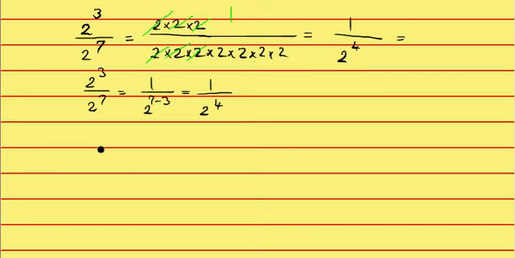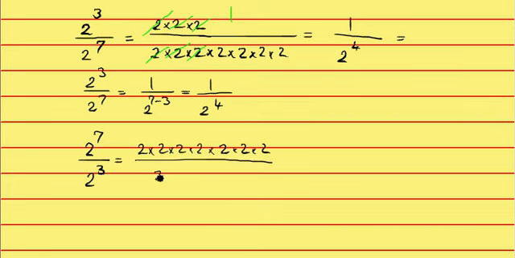Let's look at the same thing upside down. Suppose I have 2 to the power of 7 divided by 2 cubed. Same story as before. This is repeated 7 times, and this is repeated 3 times.